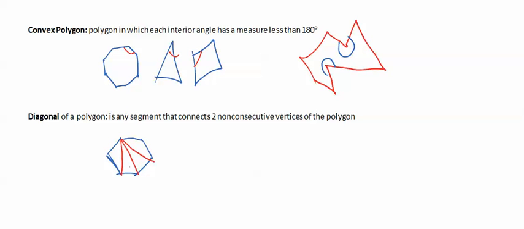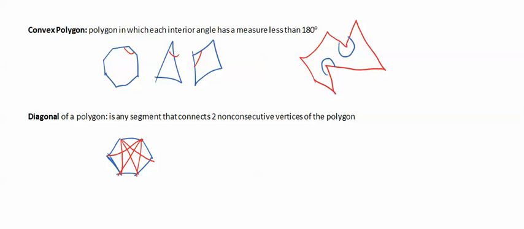You'll notice that each of them will have 3 coming off of it, but this is not a diagonal, because it is connected to the original vertex, so that doesn't count. Then you can go from this across here to here, and again here to here is not a diagonal, because it's connected right to it.